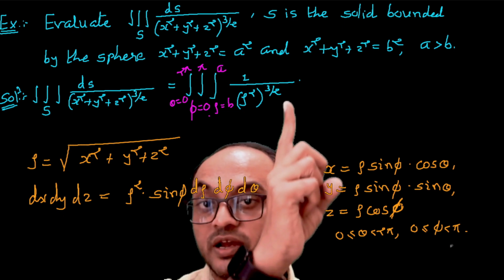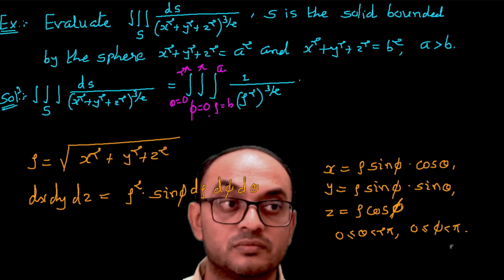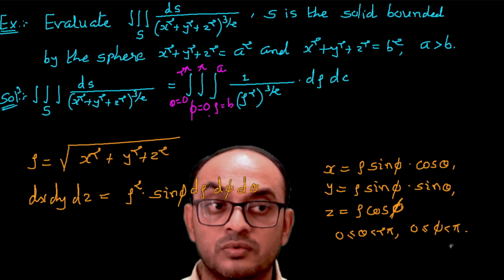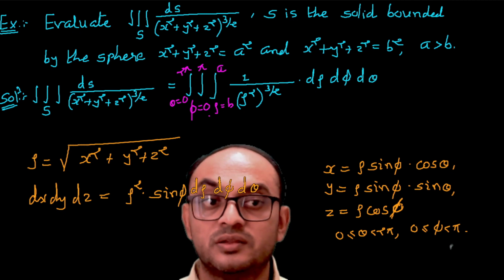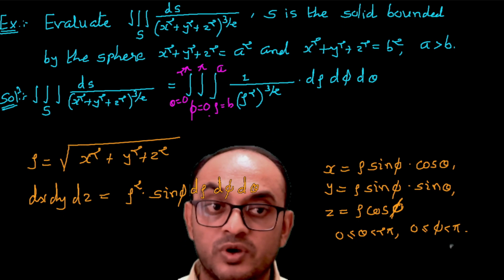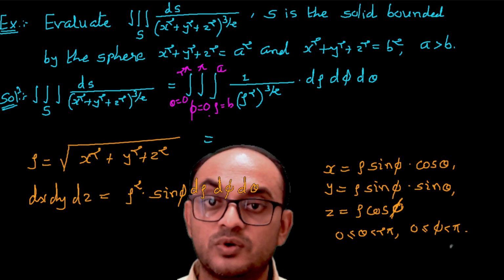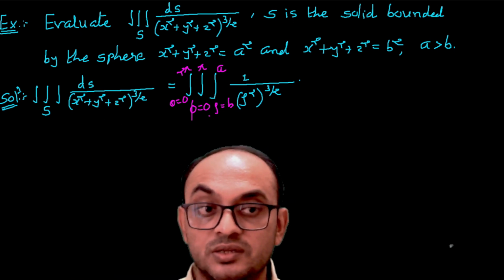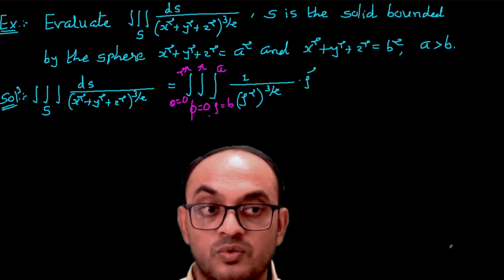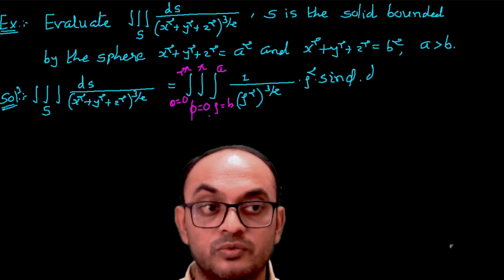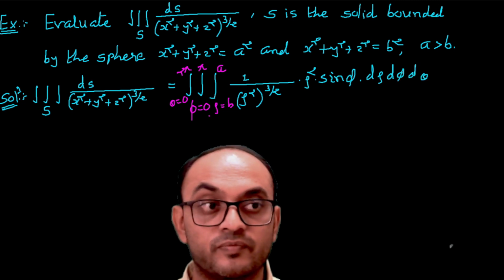So let us write it here. First I have to integrate with respect to rho. Let me mention what ds is: my ds is rho square into sine phi into d rho, d phi, d theta.